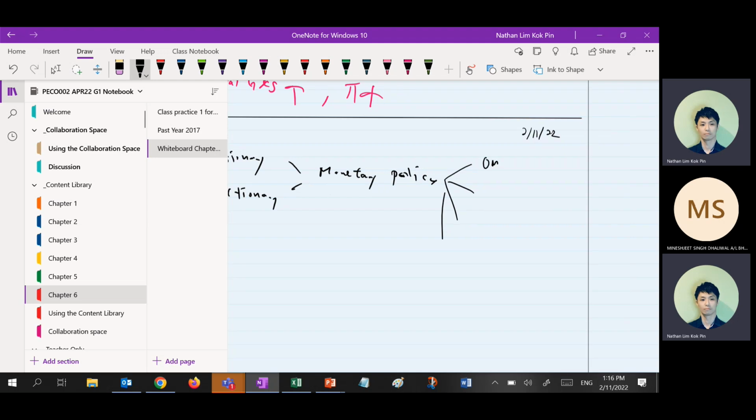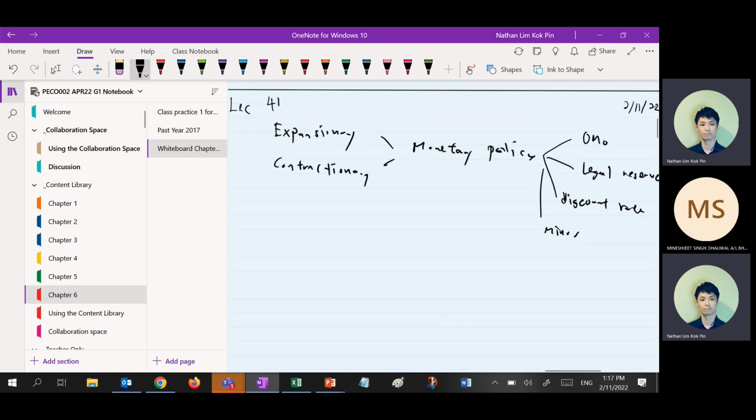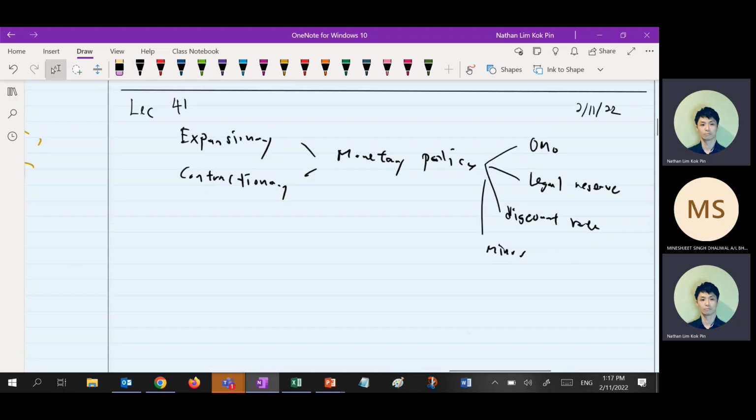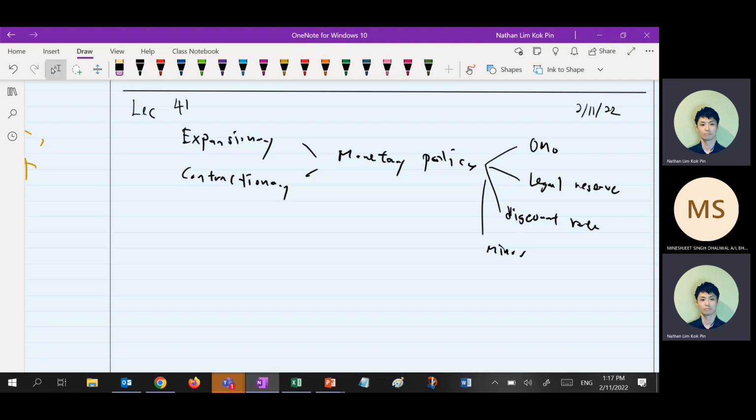You must use OMO. You must use the discount rate. You must use minor tools. Make sense? For fiscal policy, it doesn't change. You can still use government spending and tax. Okay, that's all. Any other question to address some issues?